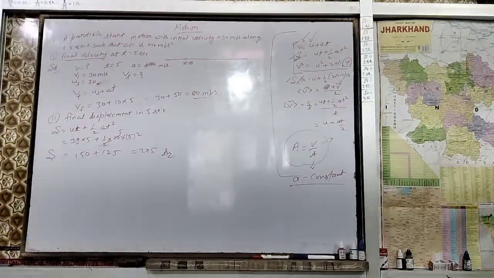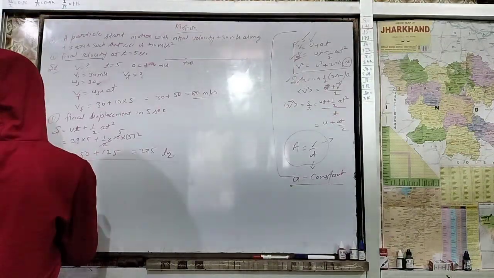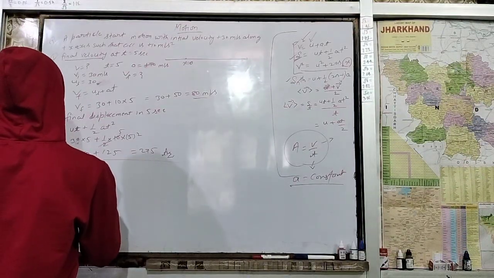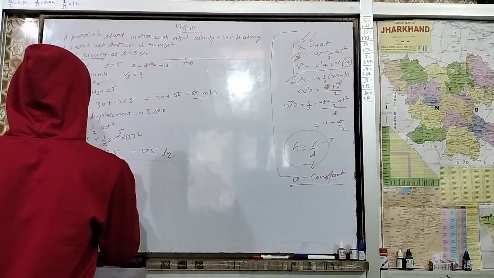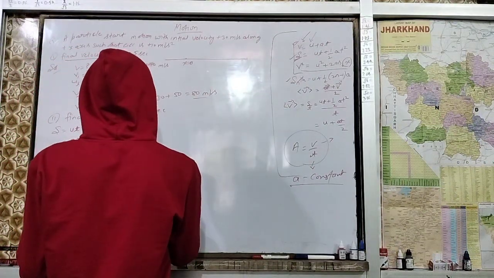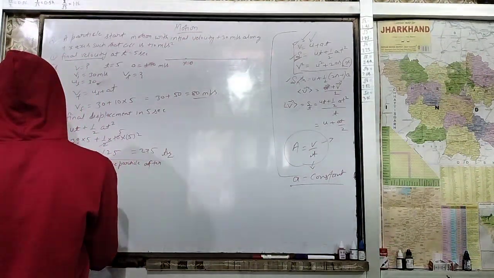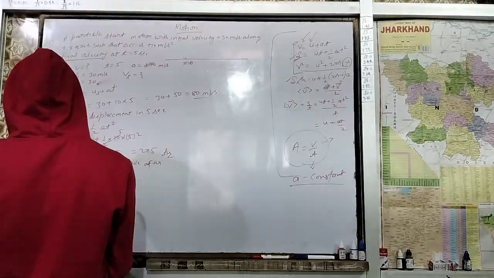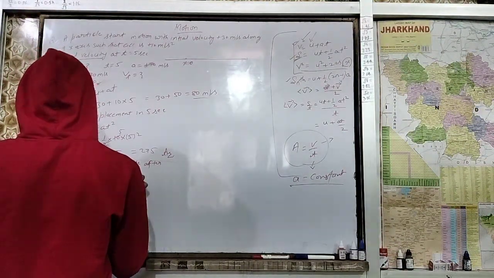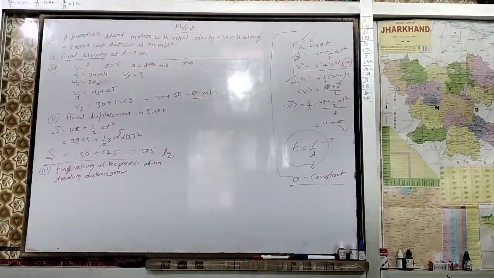Third question is: find the velocity of the particle after traveling a distance of 500.